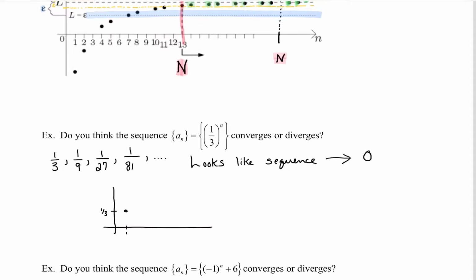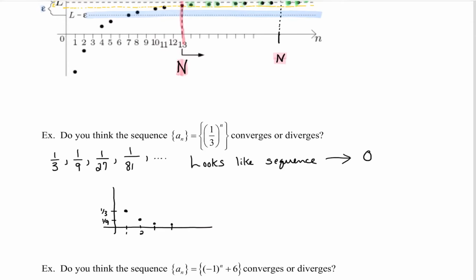When I sub in 2, I'm at 1/9, so maybe I'm right here, again not drawn to scale. At 3, I'm at 1/27, and at 4, I'm at 1 over 81, and so on. It kind of looks like these are closing in on a value. It looks like the sequence is approaching 0.